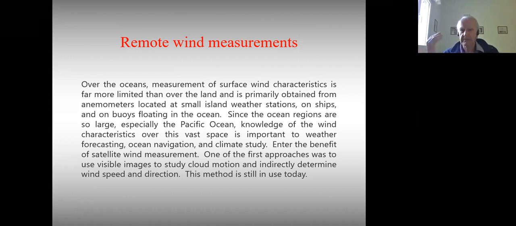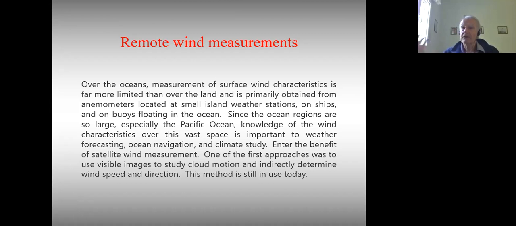I mentioned before that there used to be weather stations in the northern Atlantic, where about 10 weather ships were moored, measuring all the oceanographic and meteorological parameters, which was extremely expensive.